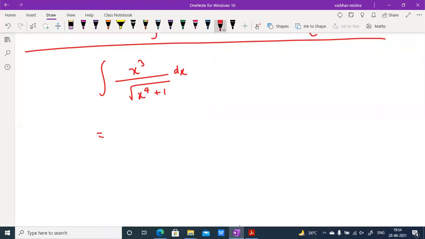So what we do in this case, suppose we consider x to the power 4 plus 1 as t. And differentiate on both the sides.